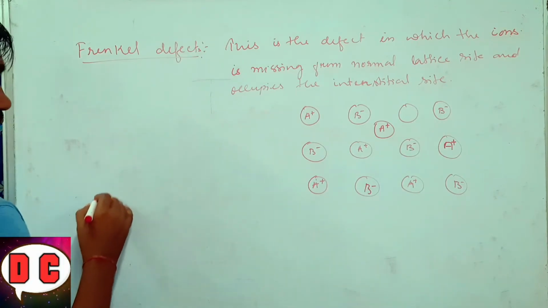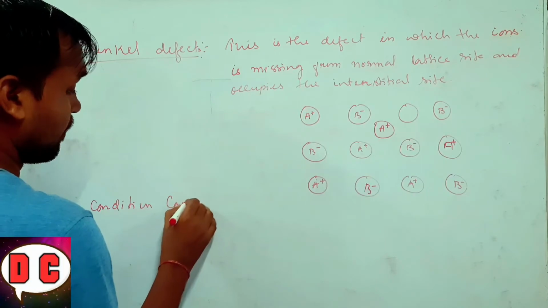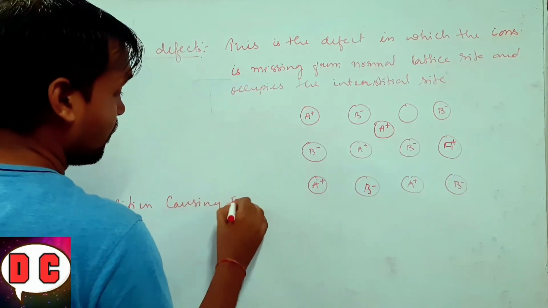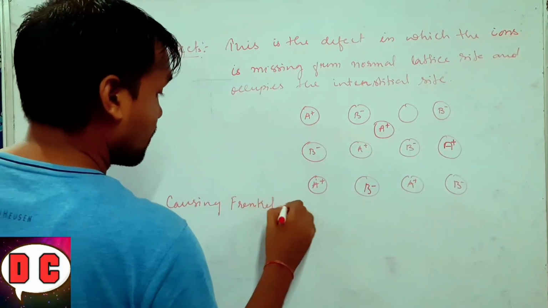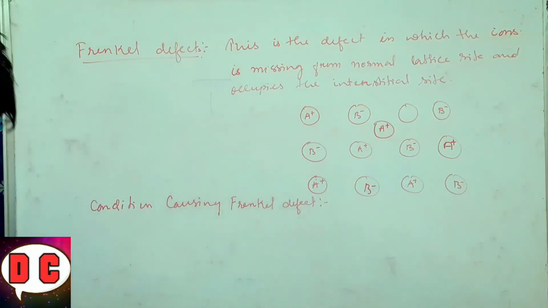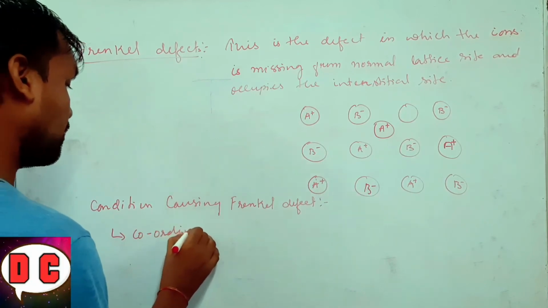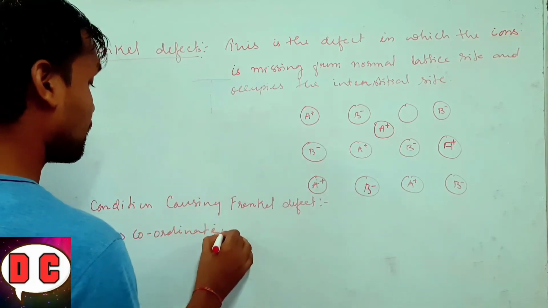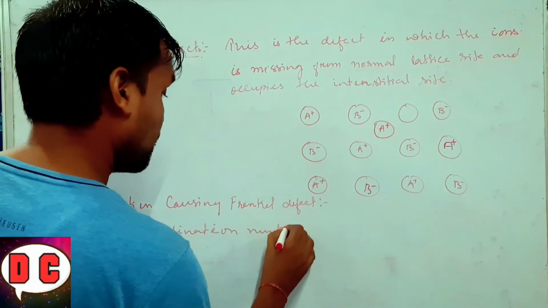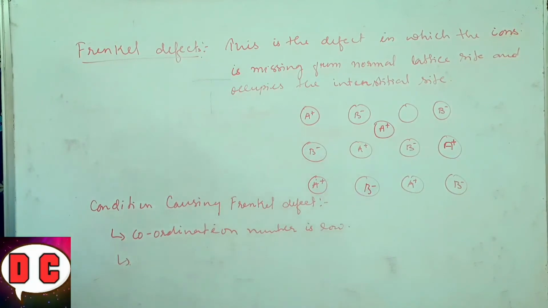What are the conditions causing Frenkel defect? We will be studying now. The first condition is that the coordination number is low. Second point is what?